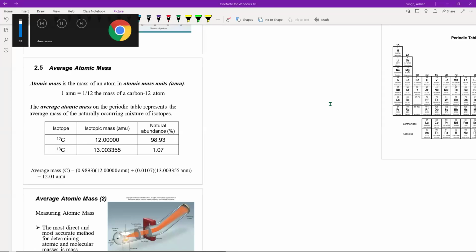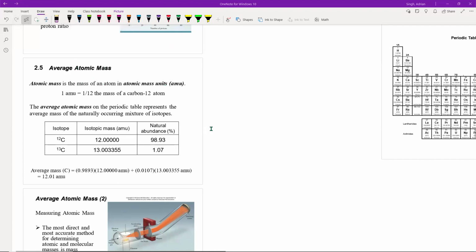All right, so now we're going to take a look at this idea of the average atomic mass for the elements. When we talk about the atomic mass, what we are referring to, just by the name itself, is the mass of the atom. It represents the mass of that atom in a specific unit called the atomic mass unit, or AMU, as we abbreviate it.